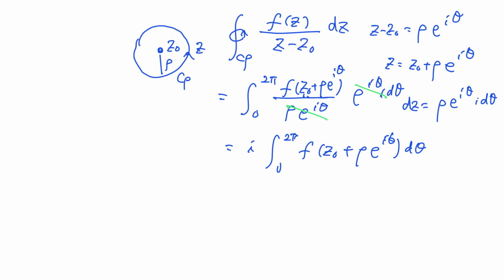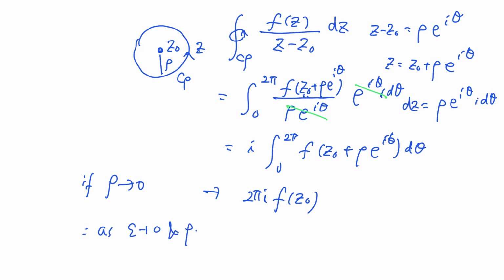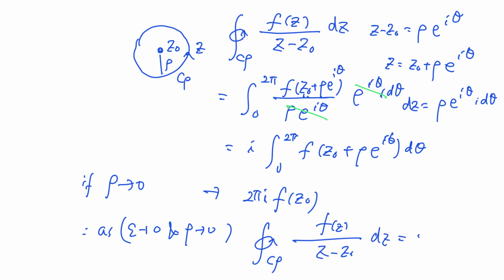What happens if rho goes to 0? It becomes 2 pi I f of z naught, right? So as epsilon goes to 0 and rho goes to 0, this integral becomes 2 pi I f of z naught.